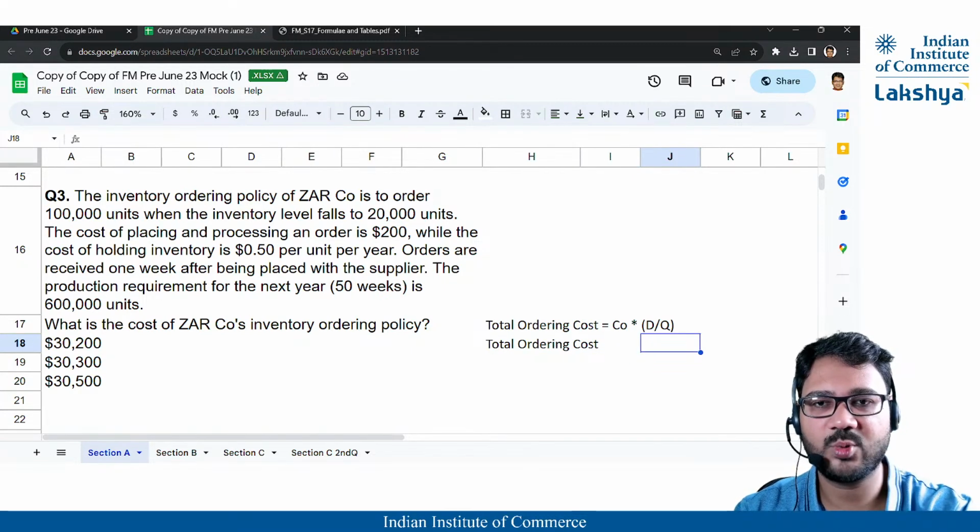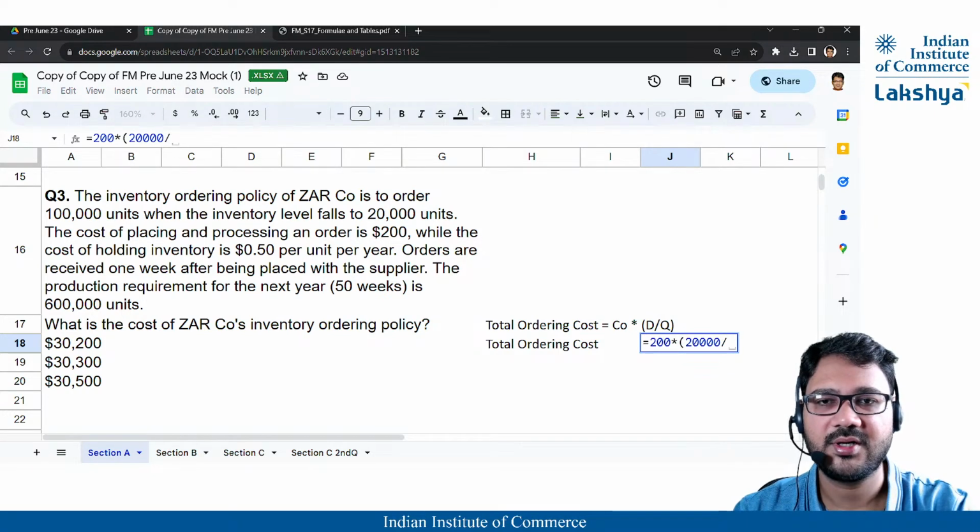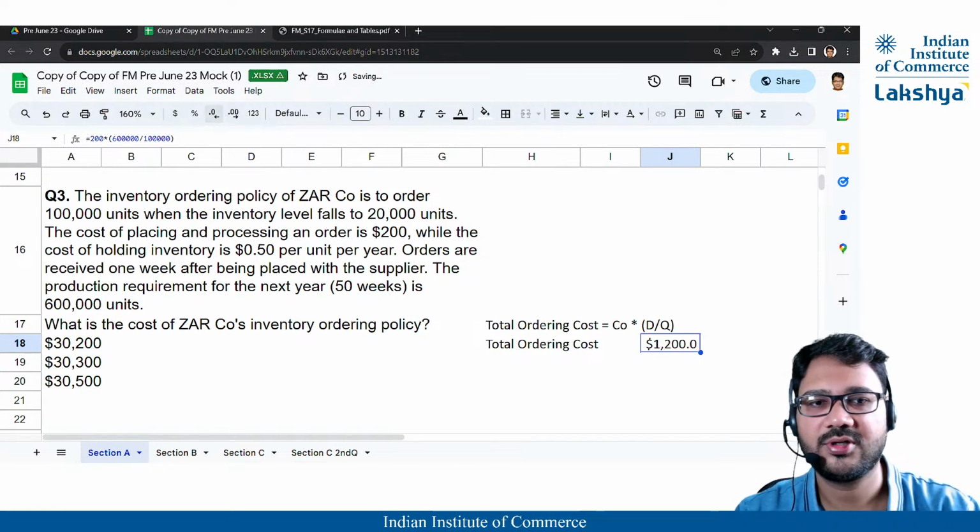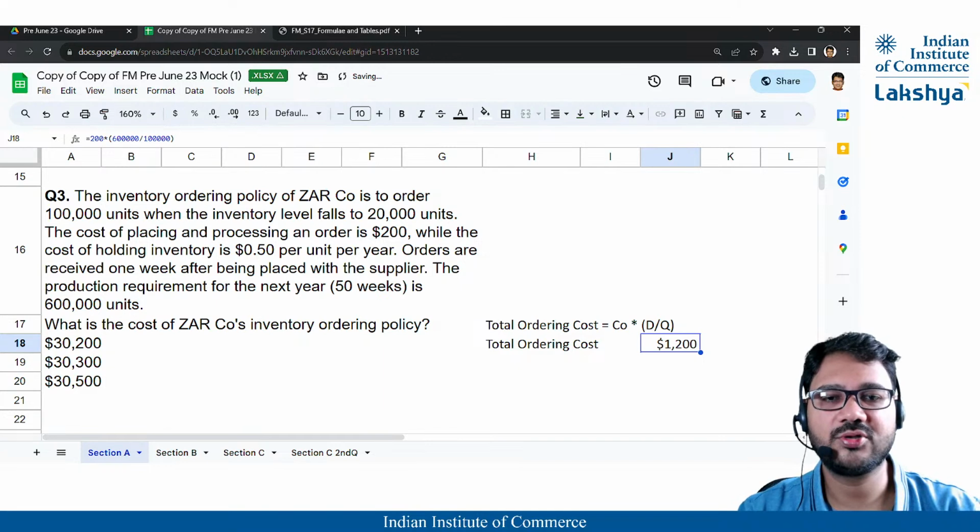Cost of one order is $200, into annual demand, sorry, annual demand is not 20,000, it is 600,000, divided by 100,000, which is the quantity we are ordering. So $1,200 is our total ordering cost.